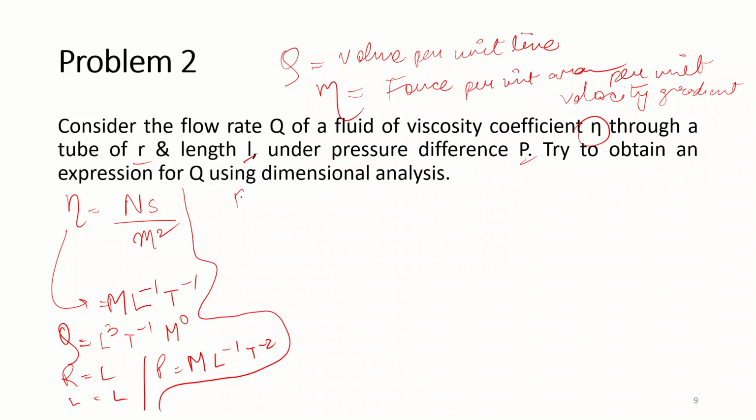We have to do the RHS. We are saying Q is a function of these variables: eta, R, L.